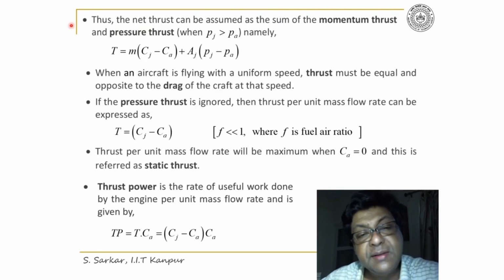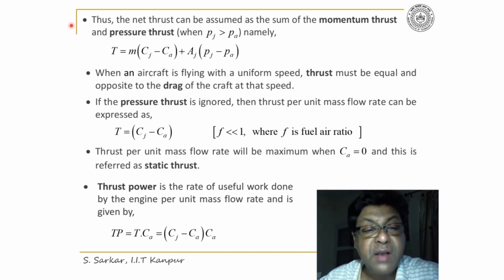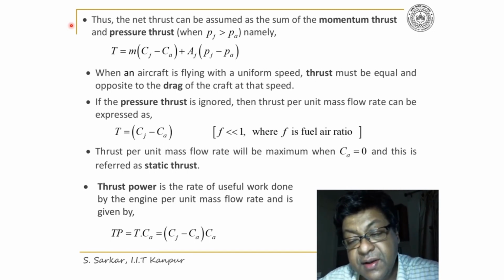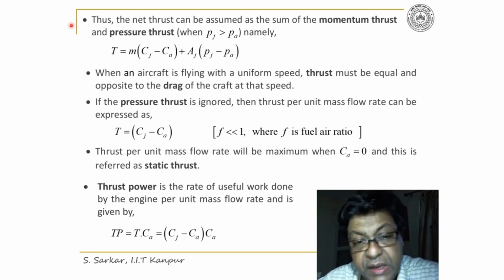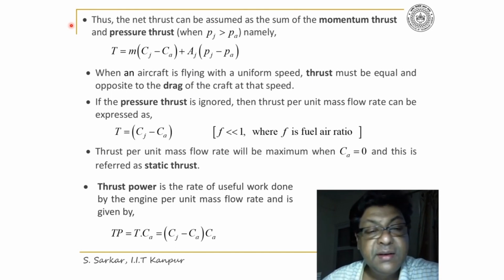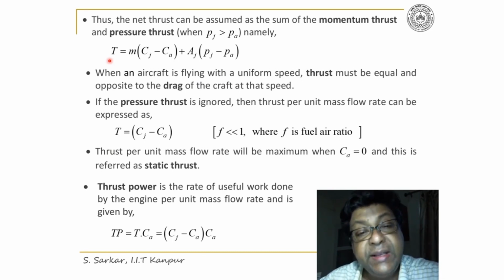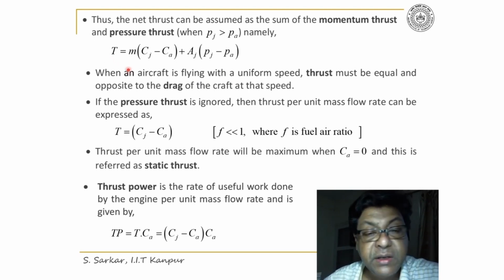Thus, the net thrust can be assumed as the sum of the momentum thrust and the pressure thrust, as indicated earlier. Here Pj is greater than Pa, and thus thrust T can be stated as M into Cj minus Ca, which is equal to the momentum thrust plus Aj into Pj minus Pa, that's the pressure thrust.